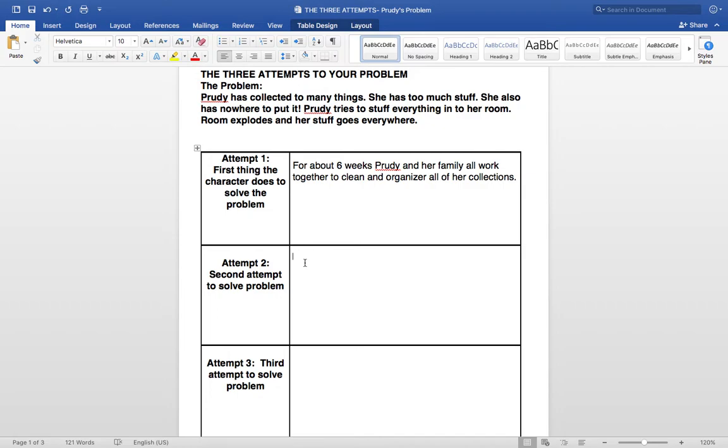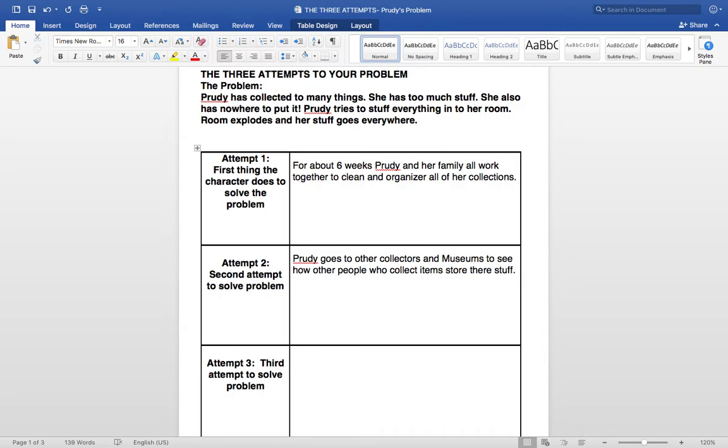So in the second attempt, what Prudy does is, let's make that a little bit bigger so you guys can see. In her second attempt, Prudy goes to other collectors and museums to see how other people who collect items store their stuff.